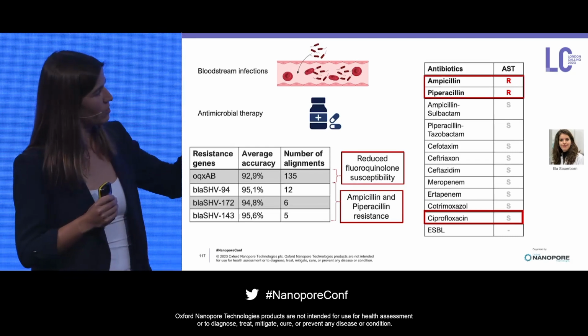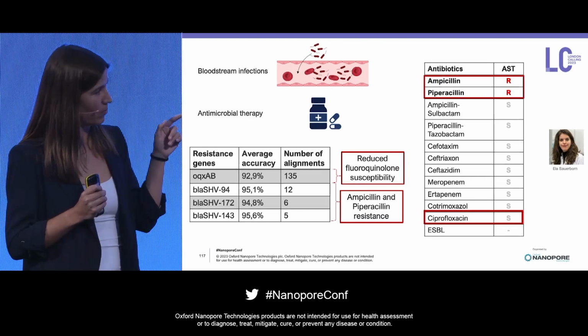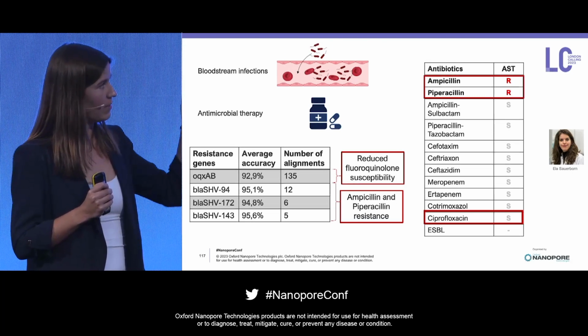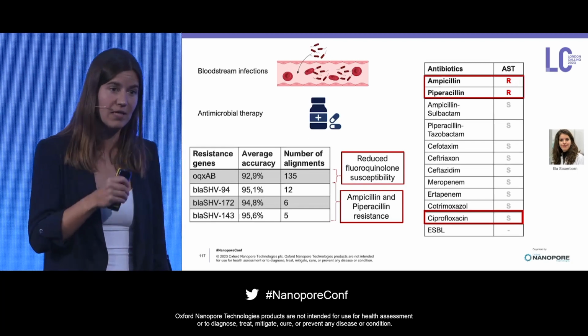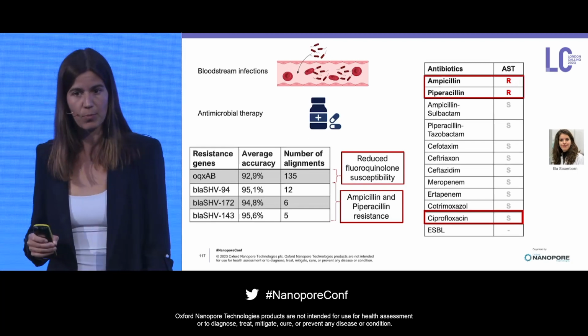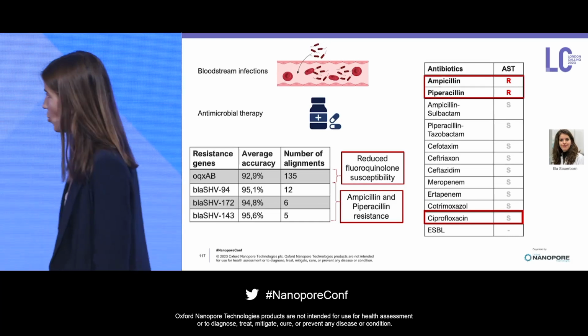And in the case of ciprofloxacin, which is one of the fluoroquinolones, we see susceptibility, but we could only predict a reduced susceptibility here. And I know that many others, and we as well, are working on making these approaches more robust on the computational side to take these sorts of uncertainties into account.